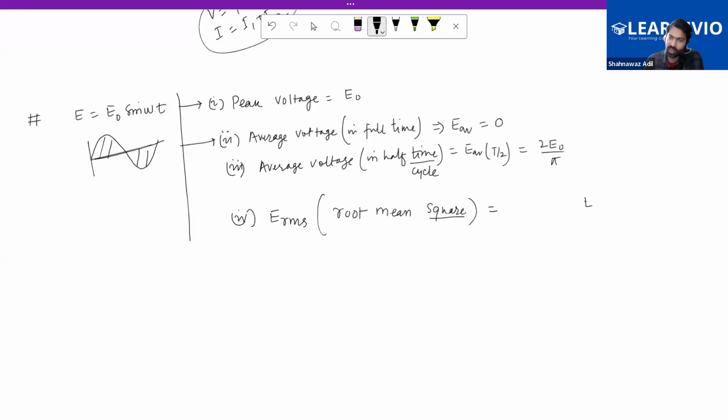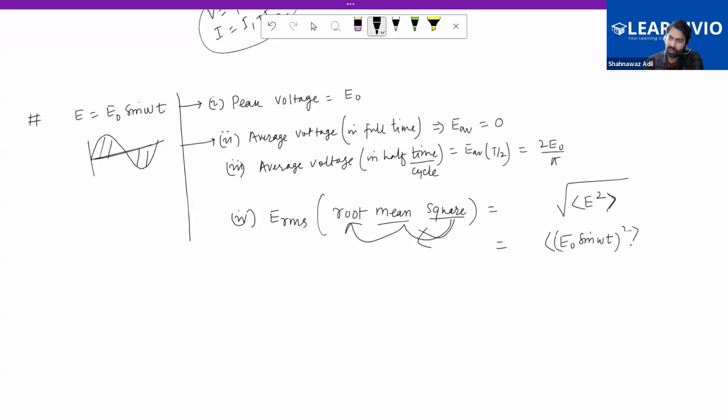We will square, and then we will take the mean. So first we will square it, and then we will take the mean. That is how we denote mean, and then we'll take the root of this thing. So this is what we call mean square. And if you solve this thing, this is E, which is E naught sine omega t whole square.